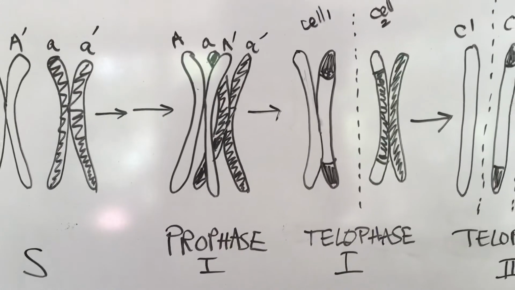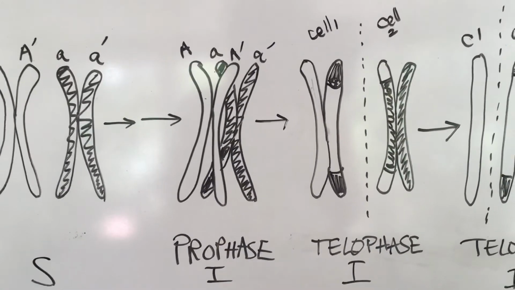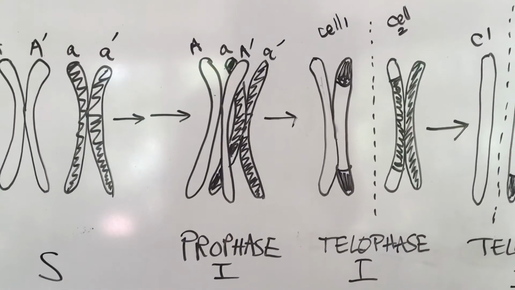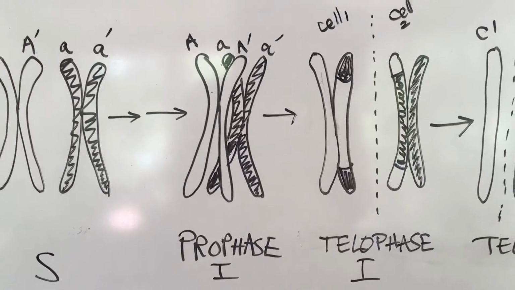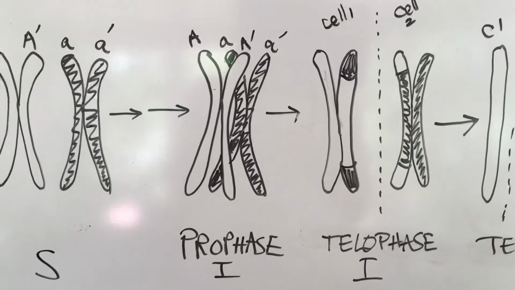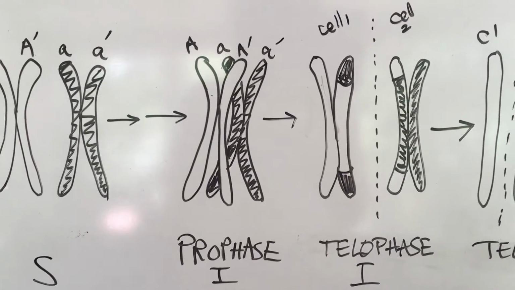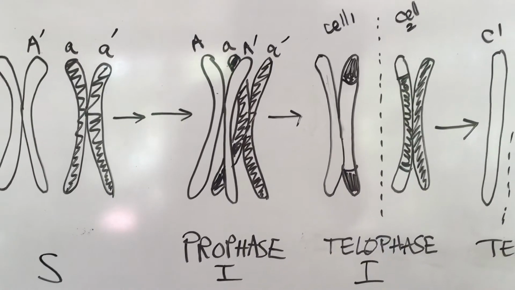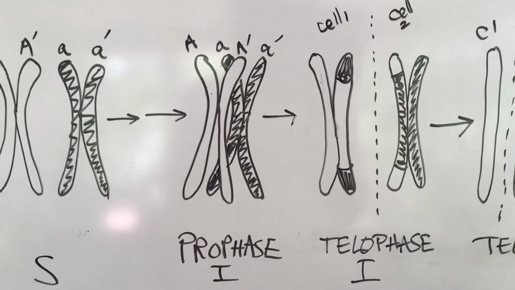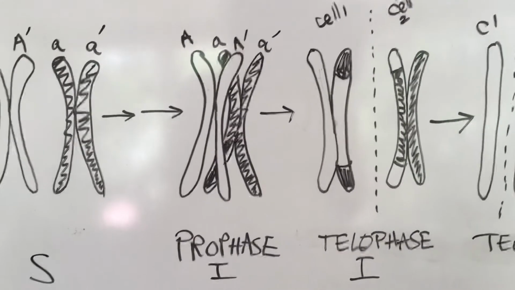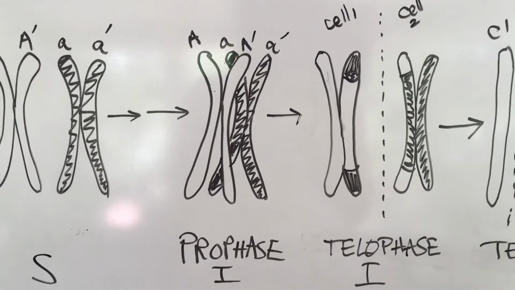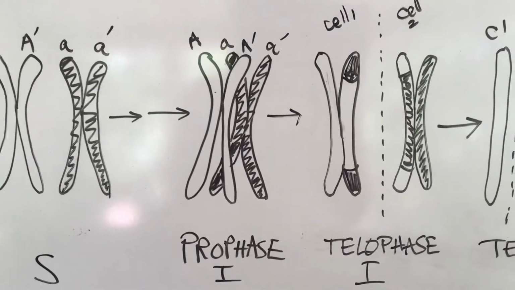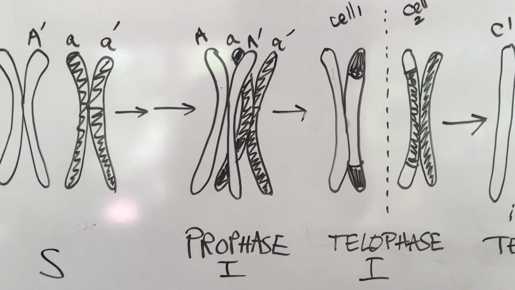So they're going to exchange information during prophase 1. This is actually the process of crossing over. In other words, crossing over happens in prophase 1, and it is doing the exchange right here. Now those joinings are called chiasmata, and during this phase, this structure is called a tetrad. We'll talk about that again in a little bit.